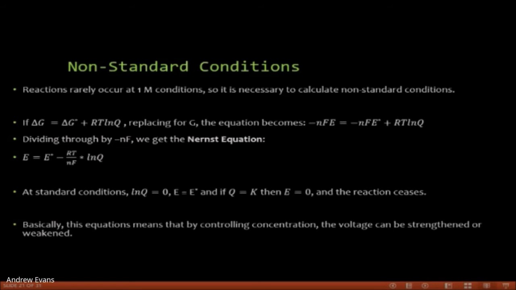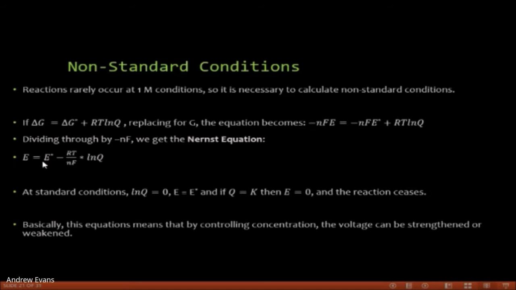And so we had a way to calculate the Gibbs non-standard, where we said delta G equals delta G naught plus RT ln Q. Well, knowing that delta G equals negative nFE, we can replace delta G naught with negative nFE naught and delta G with negative nFE. Dividing both sides by negative nF, our equation becomes what's called the Nernst equation. But it's basically E non-standard equals E standard minus RT over nF ln Q.